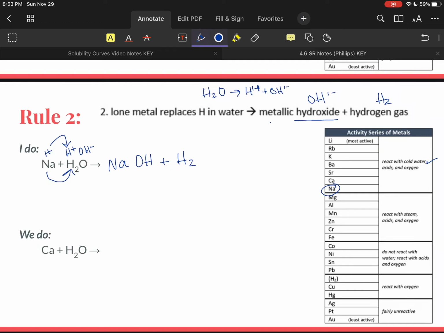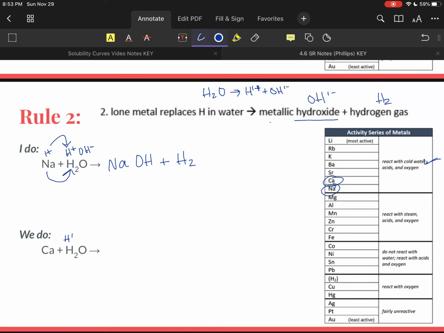Okay, let's look at calcium. So I suggest pause here, make sure your reaction can take place, and then write out your new products. So hopefully you've tried it yourself. Calcium, I'm just going to look. Here's calcium. Again, it reacts with water, so I'm good to go.